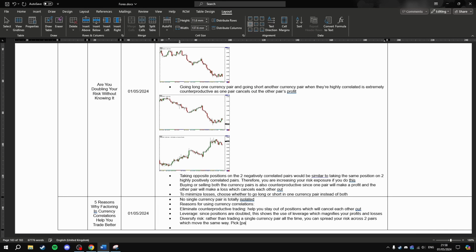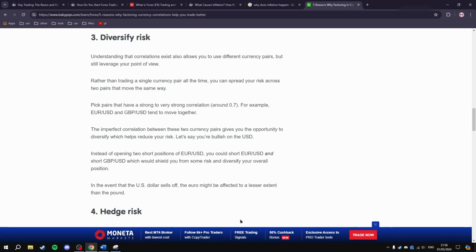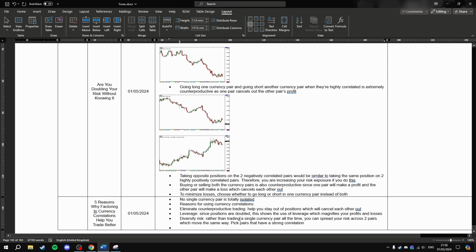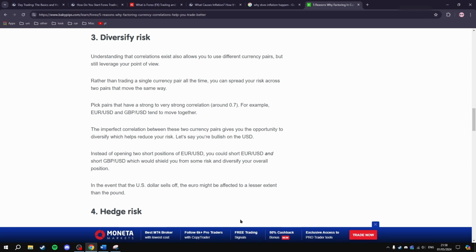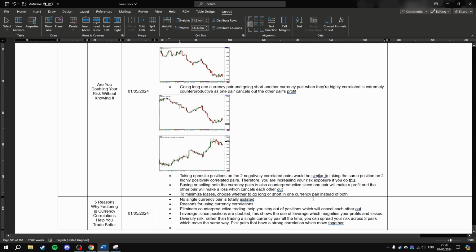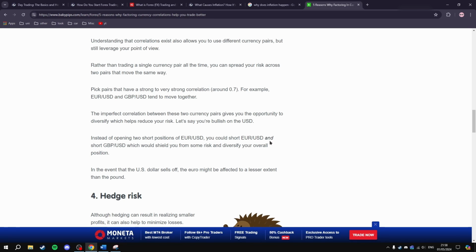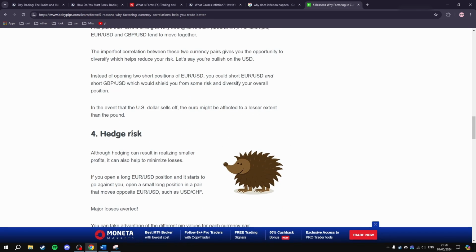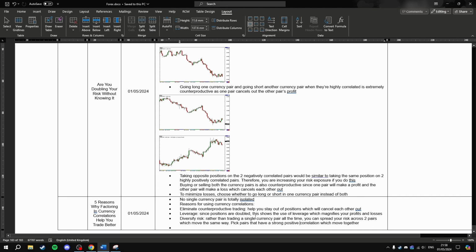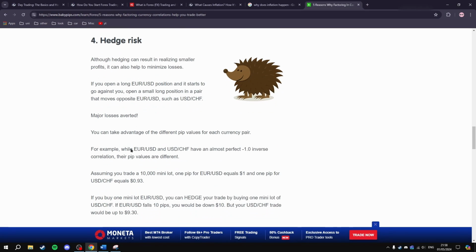So pick pairs that have a strong positive correlation, which move together. Then a pound. Yep. Hedge risk.